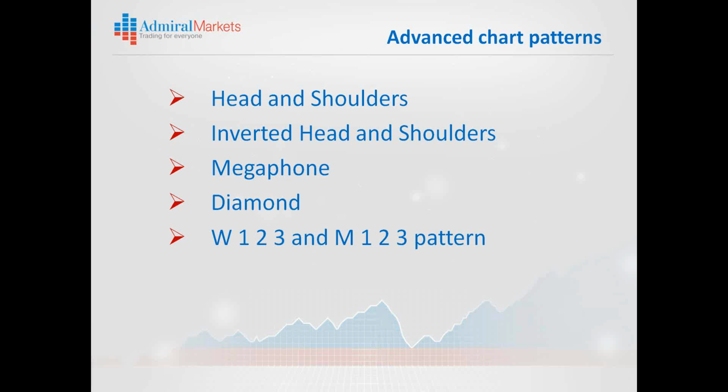Head and shoulders and inverted head and shoulders, especially, are very common. Megaphone can be traded both ways, and it's very hard to trade. Diamond is also one of the hardest patterns to trade, and W and M patterns are just as good as head and shoulders and inverted head and shoulders. We can see it in the next examples.